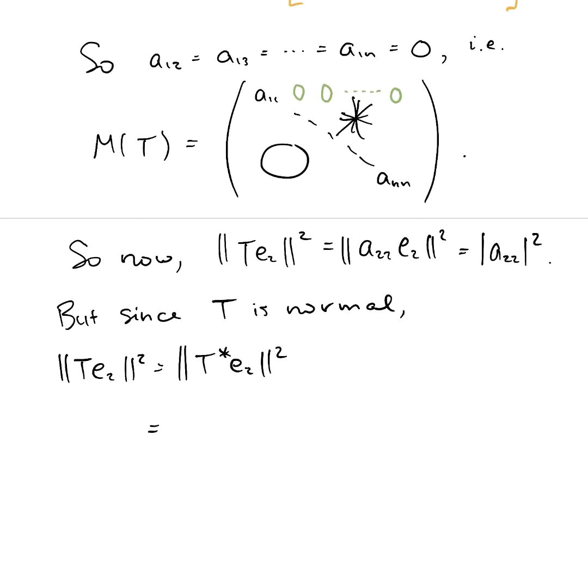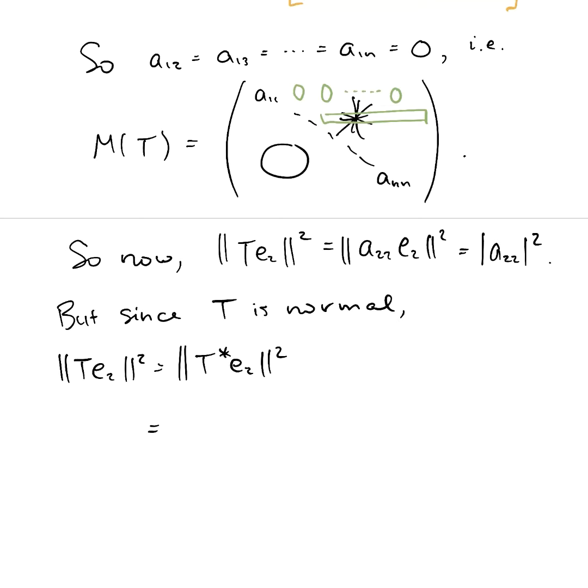But think about the matrix for T star. It's the conjugate transpose of the one we just wrote down. So the entries of asterisk there in the second row, we conjugate them, and those become the entries below the diagonal in the matrix of T star.